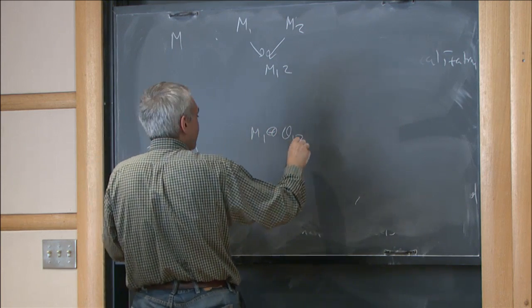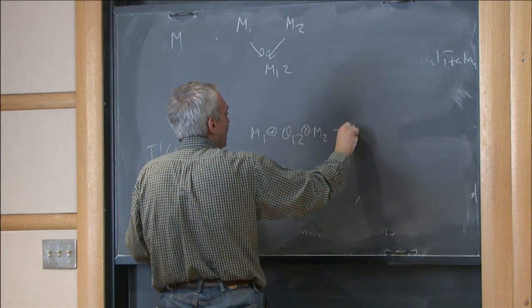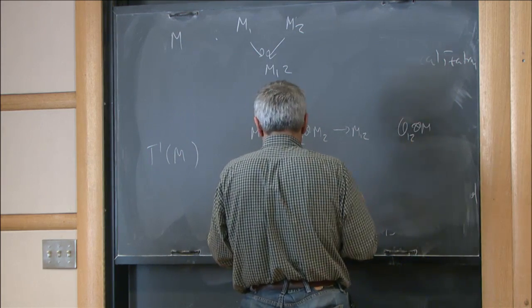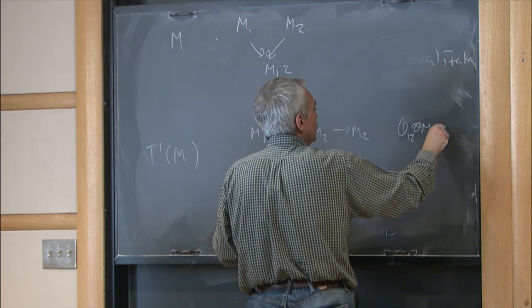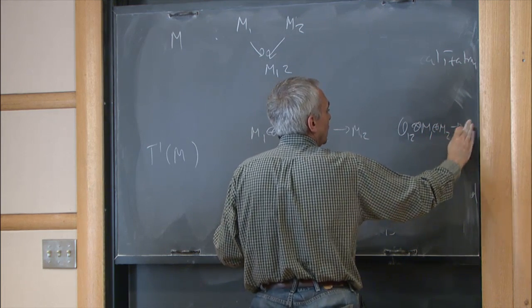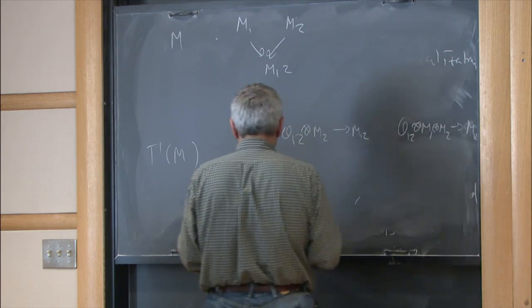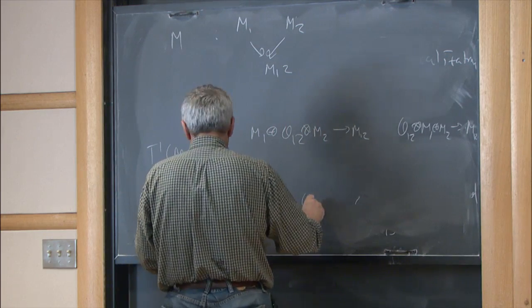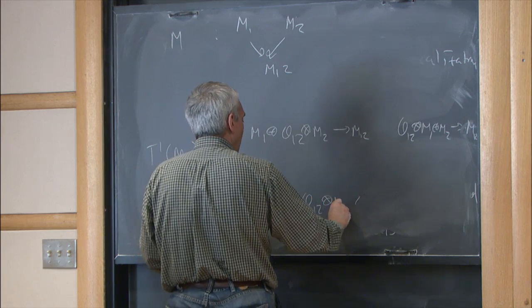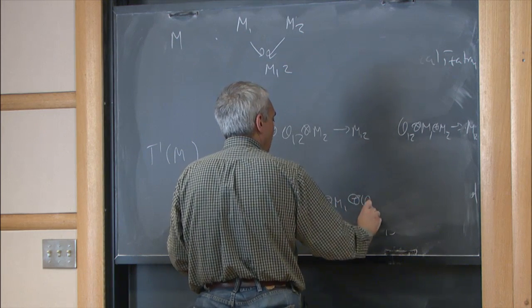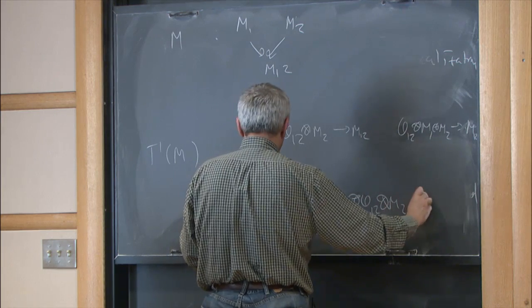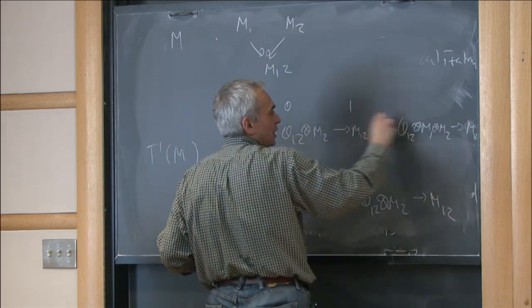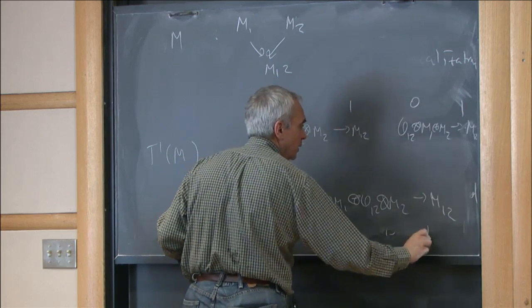M1 plus O12 tensor M2 mapping to M12, O12 tensor M1 plus M2 mapping to M12, and then O12 tensor M1 plus O12 tensor M2 mapping to M12. And you know the homological degrees are 0 and 1.